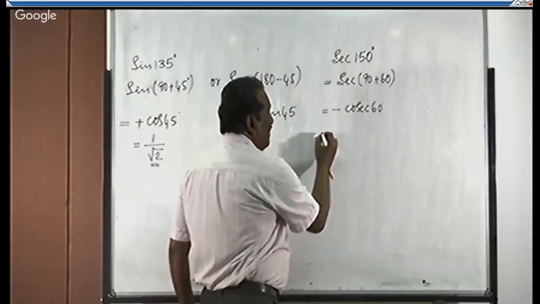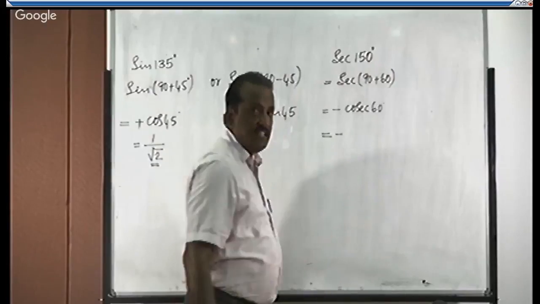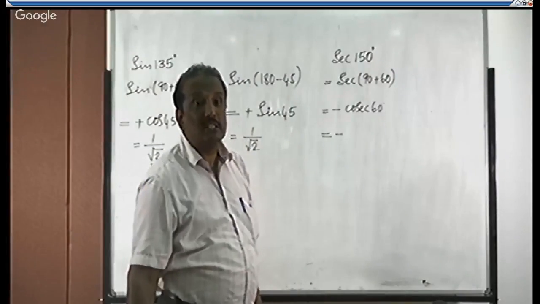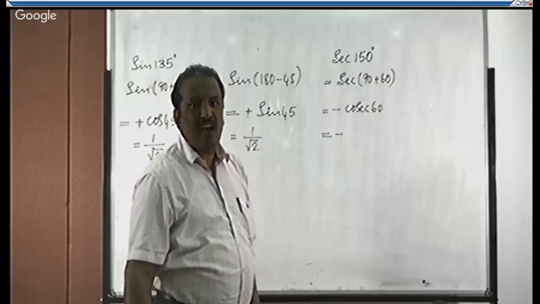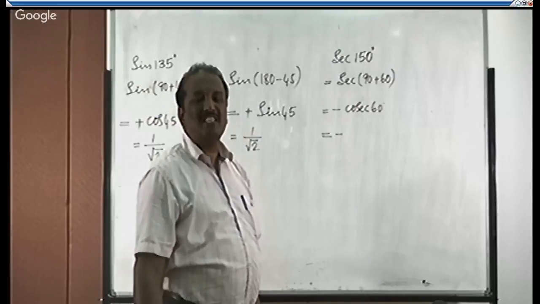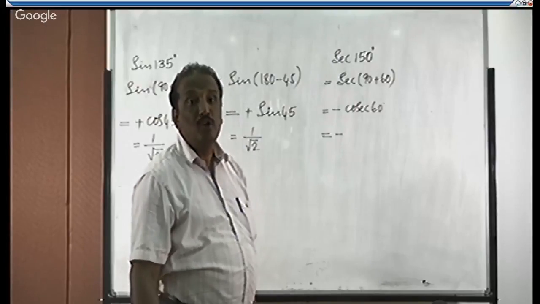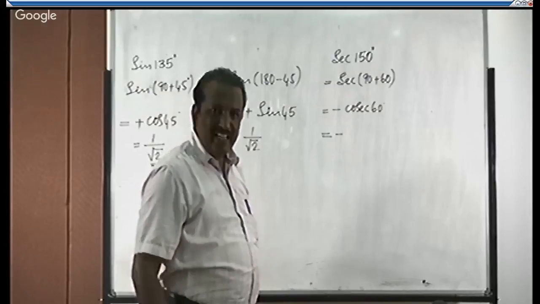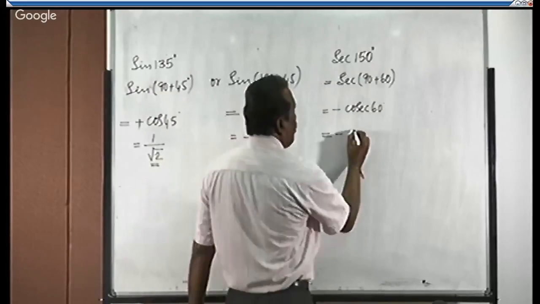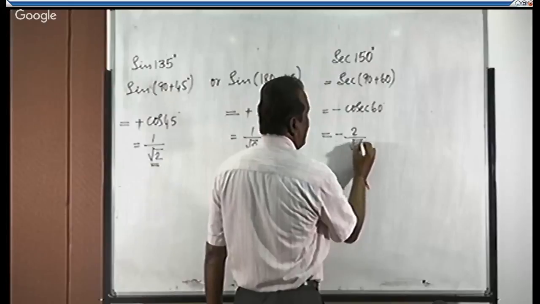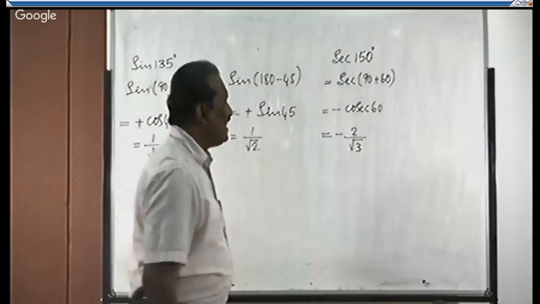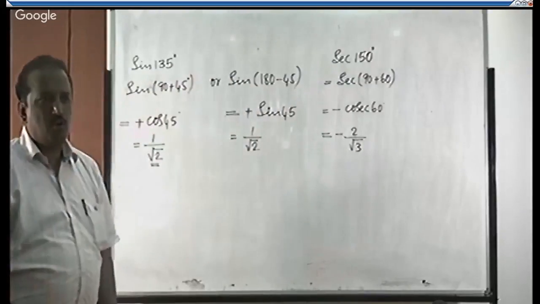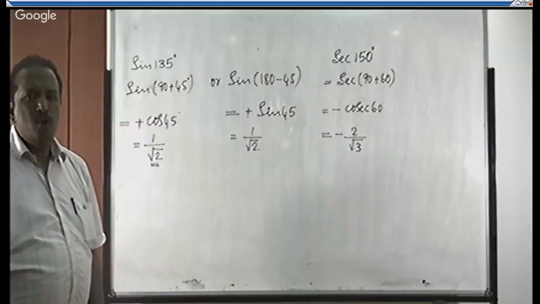To recall the numerical value of cosecant 60, you have to remember sine 60, because sine and cosecant are reciprocals. We know that sine 60 is equal to root 3 by 2. Therefore, cosecant 60 is equal to 2 by root 3. Therefore, the value of secant 150 degree is equal to minus 2 by root 3.